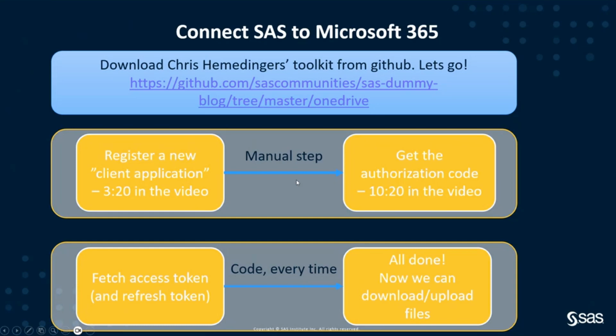And when you follow those steps, you get an authorization code, and he shows that 10:20 into the video. And that code is your key. In some circumstances, if your password changes or if you move to another computer, you would need to do that step again, but very rarely. Sometimes you would realize it doesn't work.